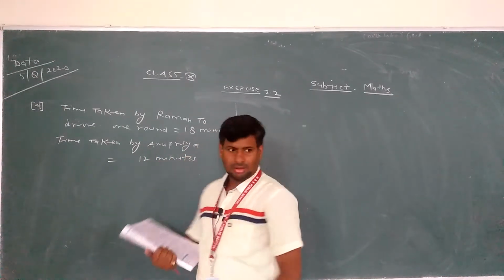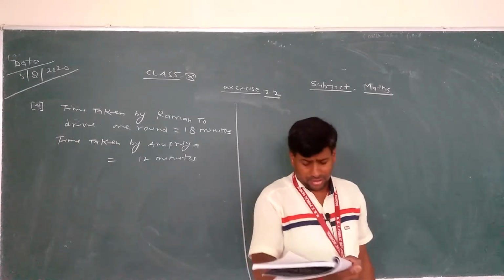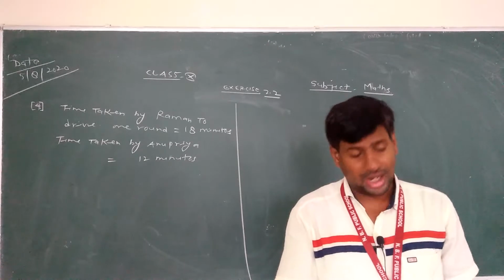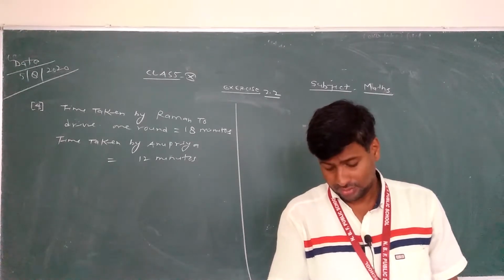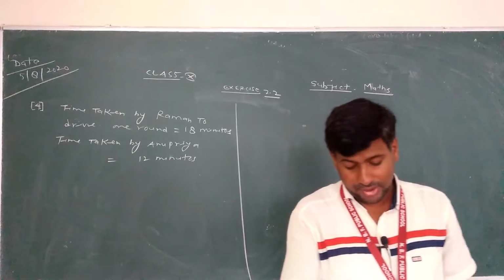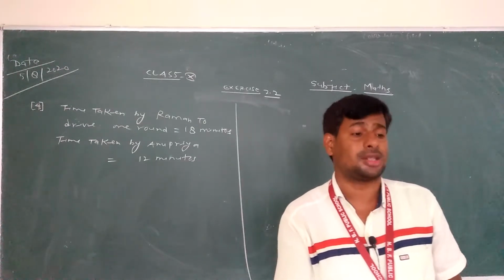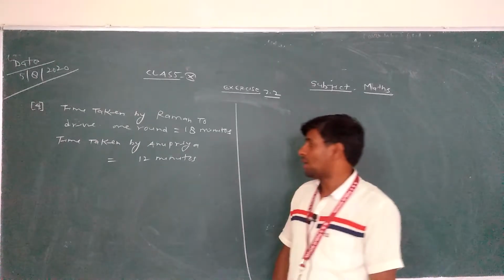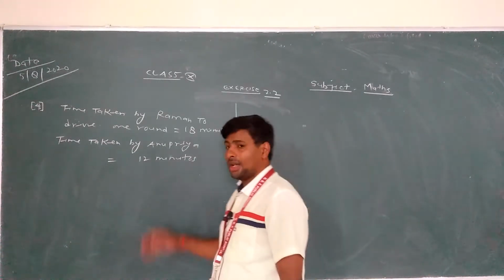So in the question, it is given that they both start at the same point at the same time and go in the same direction. After how much time will they meet again at the starting point? Overall, we want to find after how much time they can meet at the same point.